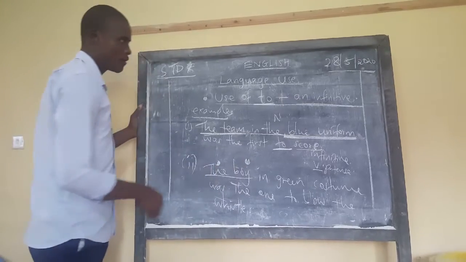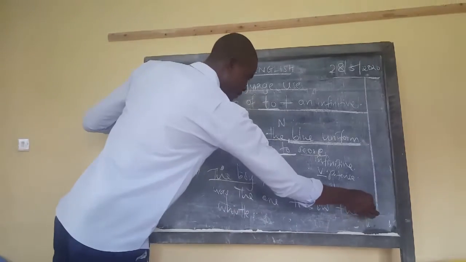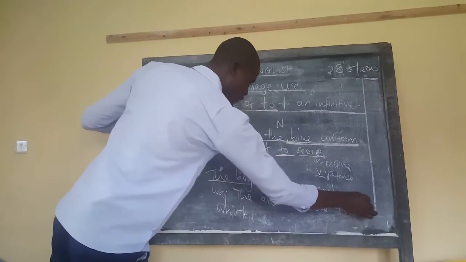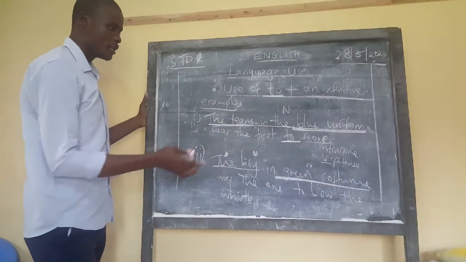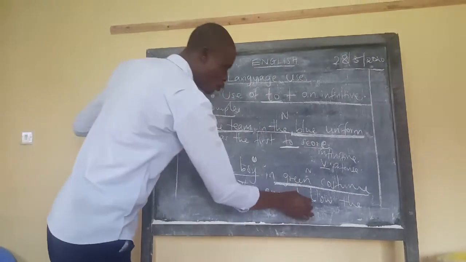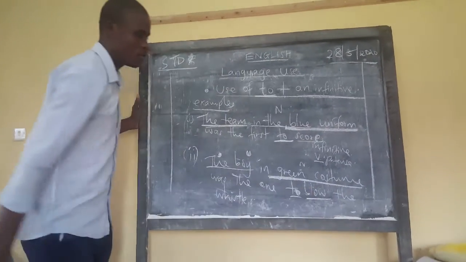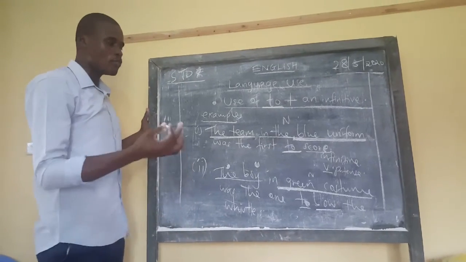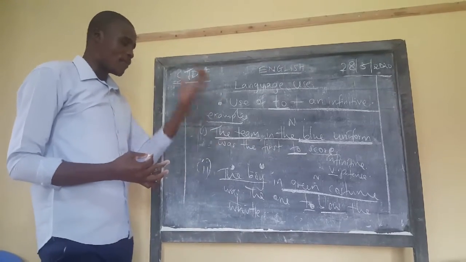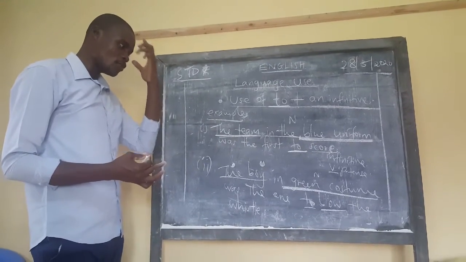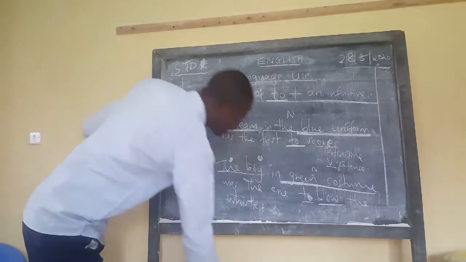The boy is a noun, but the noun group, the nominal group becomes in green costume. So this green costume becomes our nominal. So the boy in the green costume was the one to, after to, learner, you must have a present, say to blow. Don't say to blown, don't say to blew. That doesn't make our English correct. So the boy in the green costume was the one to blow the whistle, and that is how that should be.